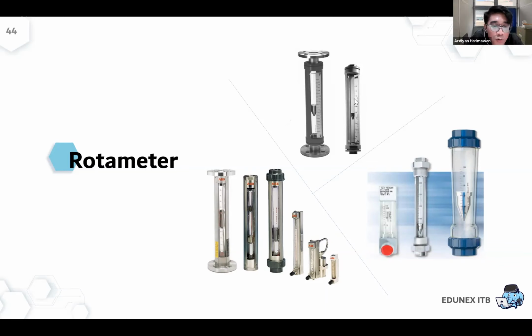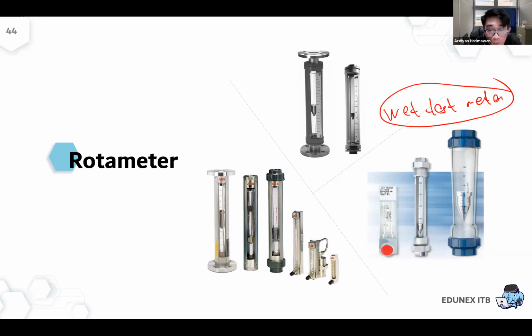So how to do it? You have to compare it with another system which you can be sure provides the correct value. Like for the gas flow rate, you can use what we call a wet test meter, which is the equipment you need to use to calibrate the flow rate of the gas.